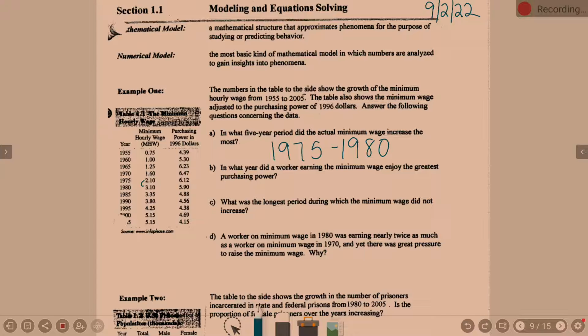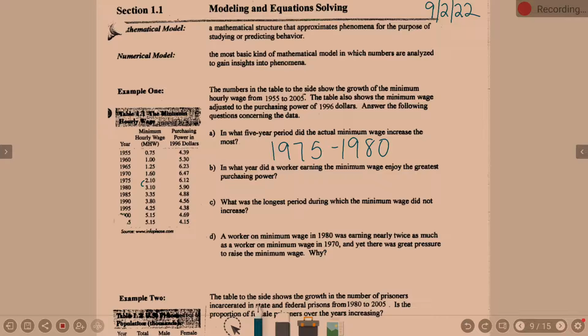B. In what year did a worker earning the minimum wage enjoy the greatest purchasing power? Okay, this is 1970, 1960. Well, if you go by the purchasing power of 1996 dollars, it's 1970. It says, what year did they enjoy the greatest purchasing power?